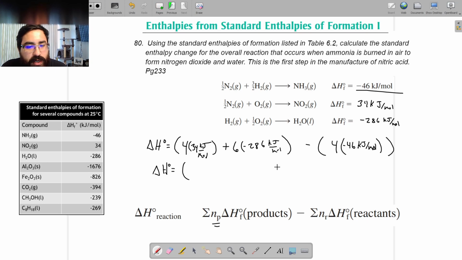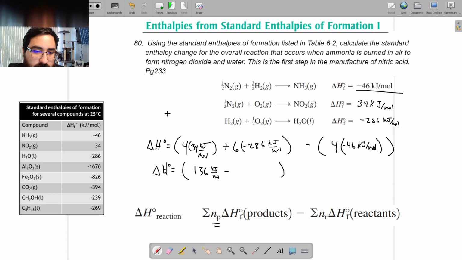I know over here on this side of the parentheses, it's 4 times 34. 4 times 34, that's 136 kJ per mole. And then we're going to add, but since there's that negative, I know it's going to be negative.